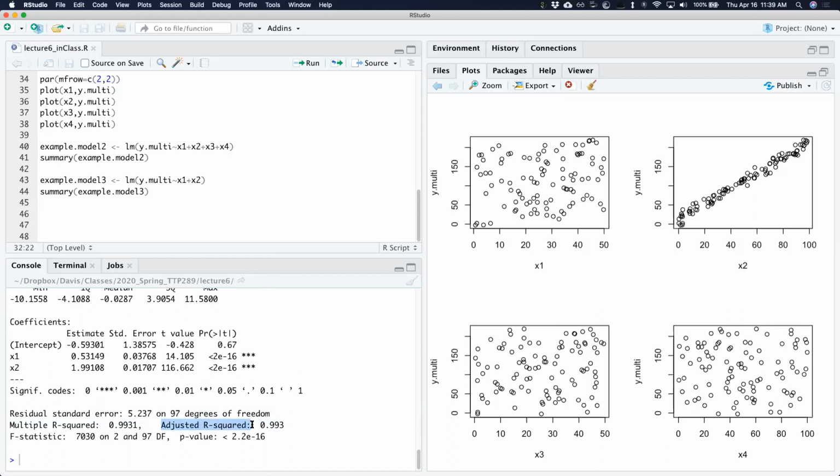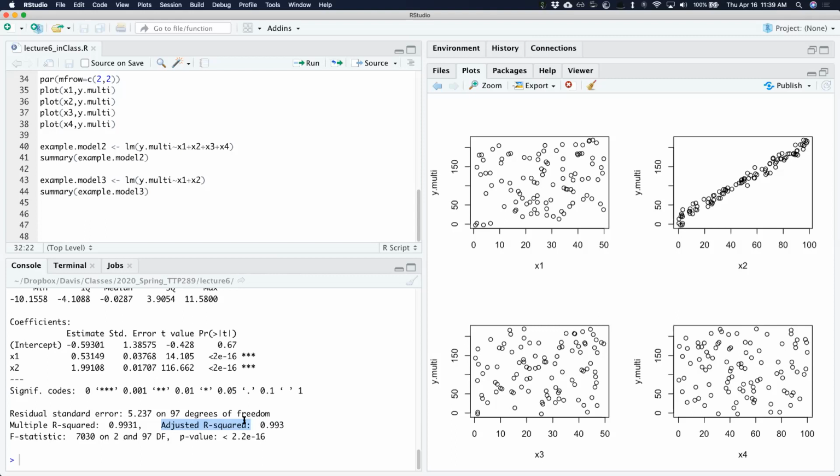The adjusted R squared identifies this specific issue with the way that the R squared is defined. And it introduces essentially a sort of penalty function, so that if I add more and more variables, it's actually going to adjust my R squared downwards.